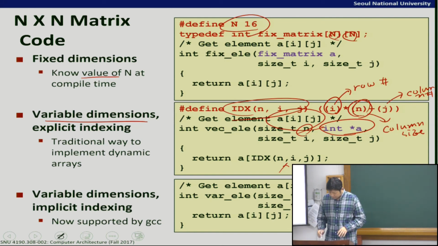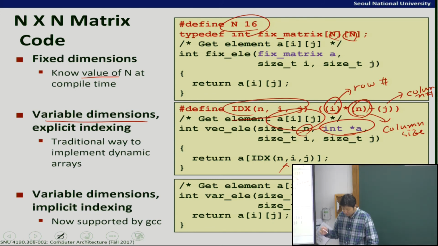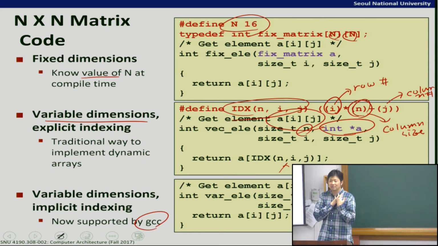This is the traditional way to implement dynamic arrays with a variable size determined at runtime. And there's also a third option, which is called a variable dimension. Again, this is a variable dimension, but implicit indexing. GCC supports this kind of indexing too. It's not really standard C declaration, but GCC actually supports this. What it does is you declare this int as an array. N is variable here. N is determined at runtime, not fixed at compile time.